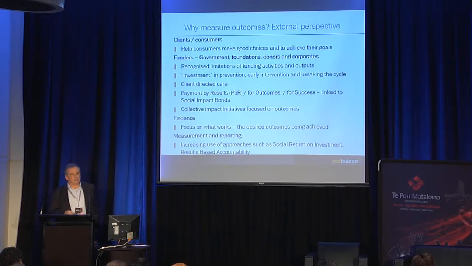So once again, politicians and senior public servants are asking the question, what works? If you tell me what works, we'll fund it. Okay, and then also what we've heard is there's increasing use of frameworks like social return on investment and results-based accountability. All those things are increasingly the norm when it comes to government funding and public services.